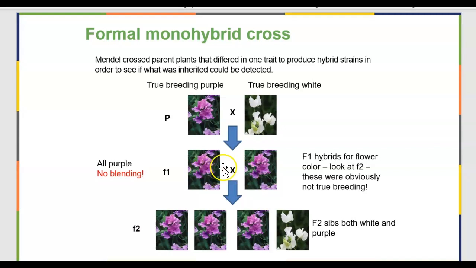So it looked like the purple color was dominant and overshadowed the white. However, if you go one more generation, you can see that in a 3-to-1 ratio, we have 3 purple to 1 white. So now the white shows up again. And we're going to talk about this in a little bit more detail coming up. So stay tuned.